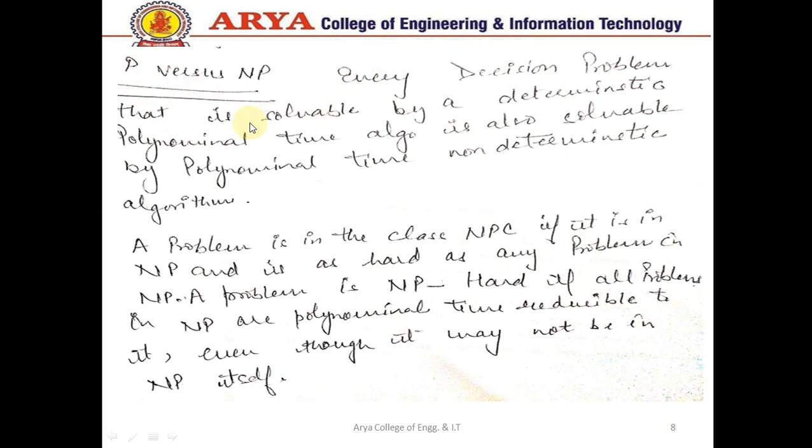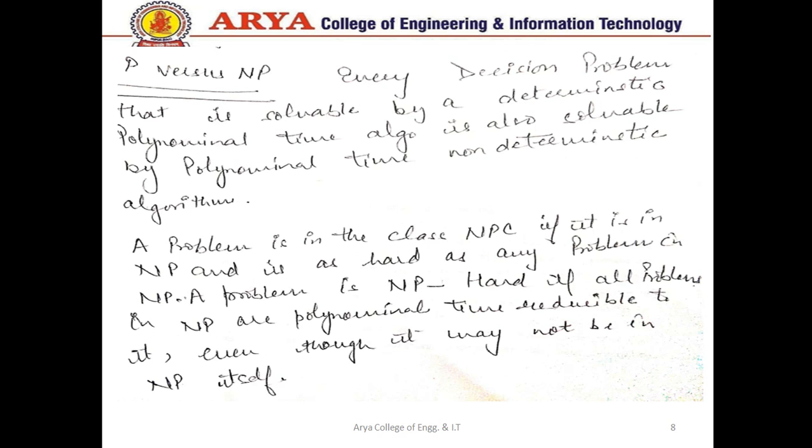Every decision problem that is solvable by a deterministic polynomial time algorithm is also solvable by a polynomial time non-deterministic algorithm. Whereas a problem is in the class NP complete if it is in NP and it is NP hard. A problem is NP hard if all the problems in NP are reducible to it, even though it may or may not be in NP itself.